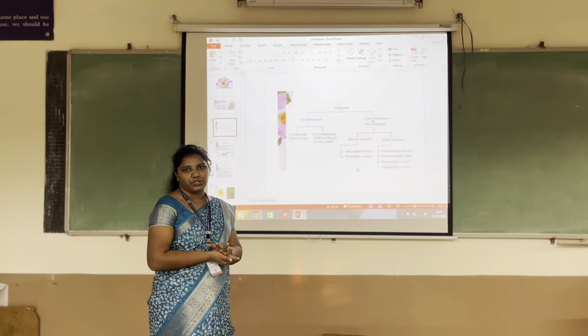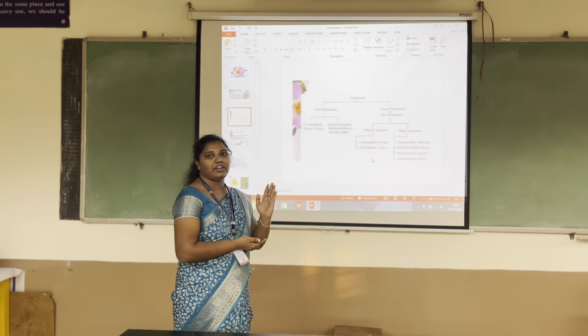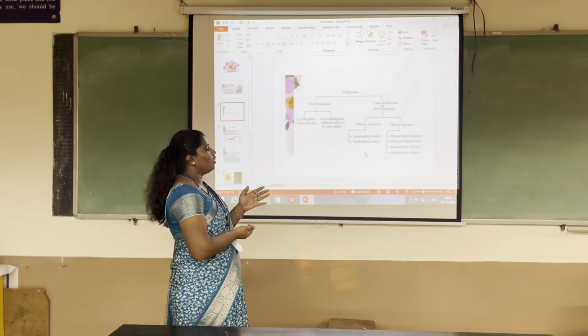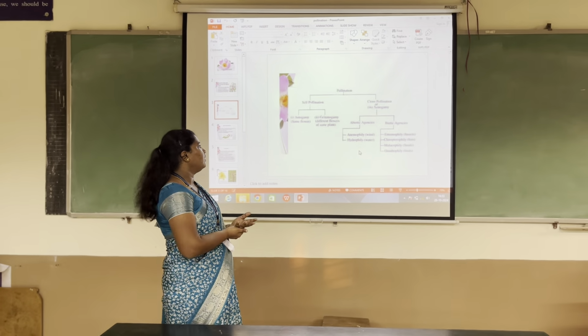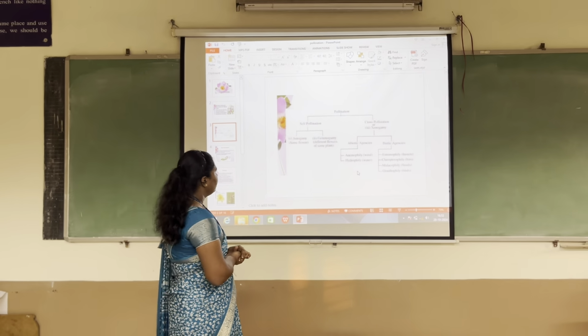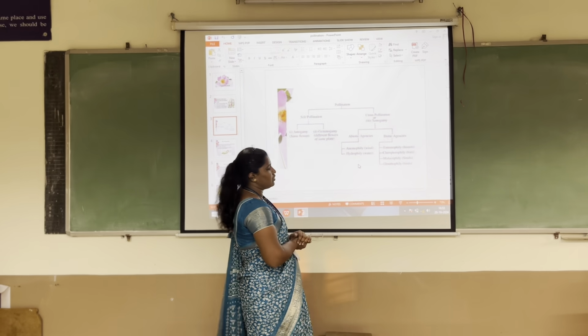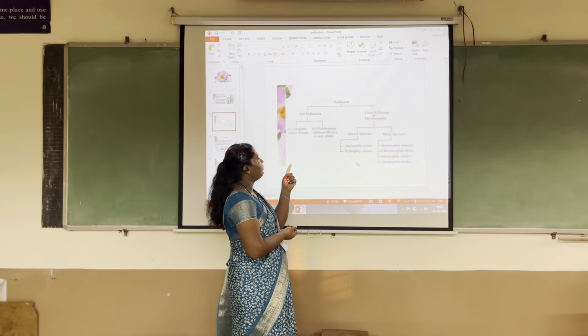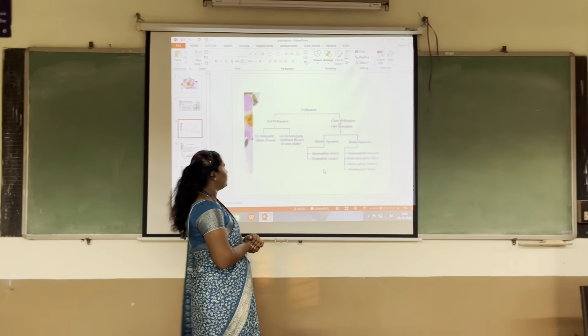Now let us differentiate the pollination mechanism in different plants and see the types of pollination clearly. Pollination is of two types: self-pollination and cross-pollination.